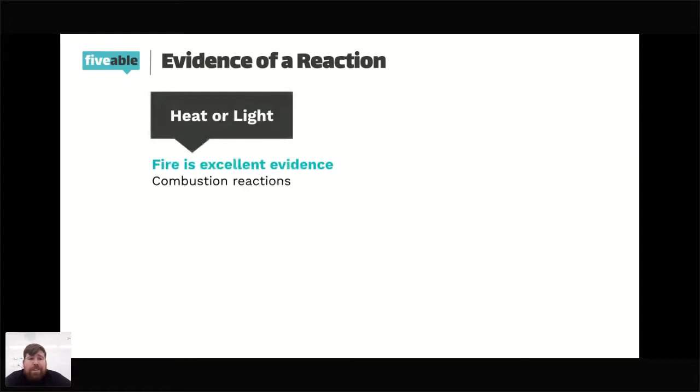And as we all know as chemists, heat and light is fire. So fire is excellent evidence of a reaction, and a good word for us to know, and we'll talk about combustion reactions later, is combustion. Anytime something combusts, it is a chemical reaction, and oftentimes a product of a combustion reaction is going to be fire.